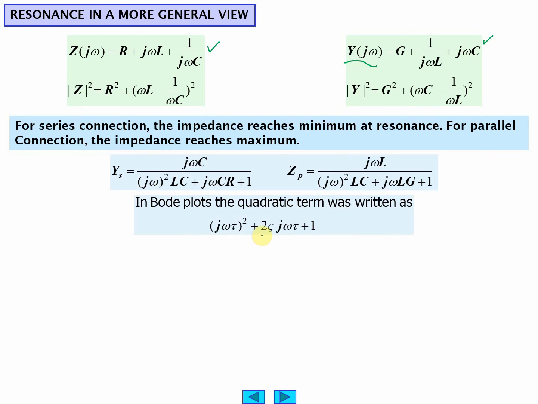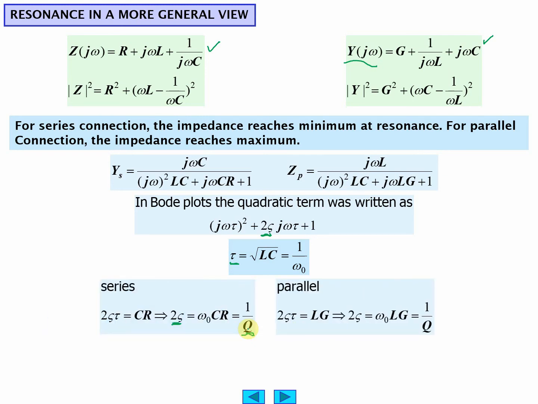These quadratic terms, this is the damping factor, this is zeta. And we can redefine our equations in terms of this zeta. There's a reason we want to do that: this 2 zeta is 1 over the quality, in both cases, series or parallel.